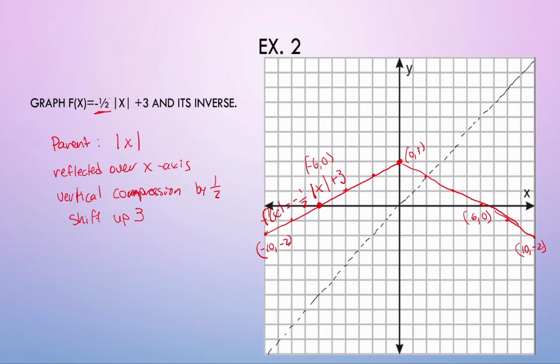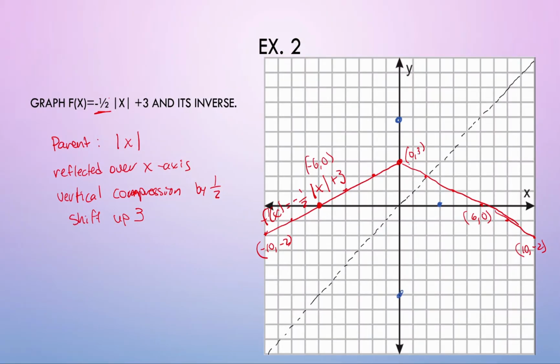So when I switch my x and y, instead of 0, 3, I'm going to have a point at 3, 0. Instead of 6, 0, I'm going to have a point at 0, 6, and also 0, -6.